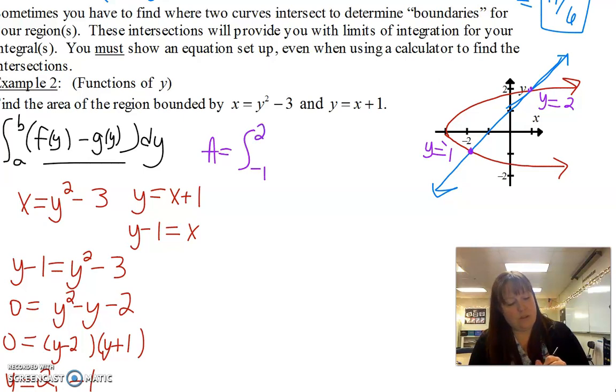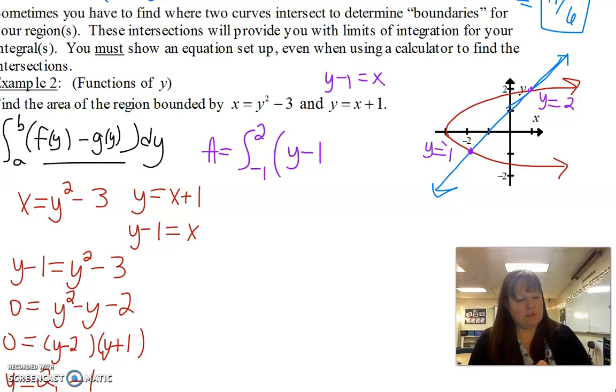of our right curve, which is y minus 1, because we want an explicit equation in terms of y. So we went ahead and did y minus 1 equals x there.